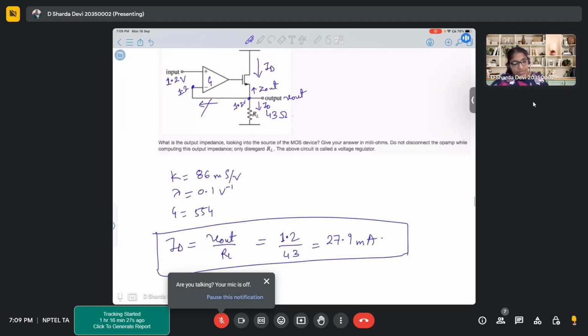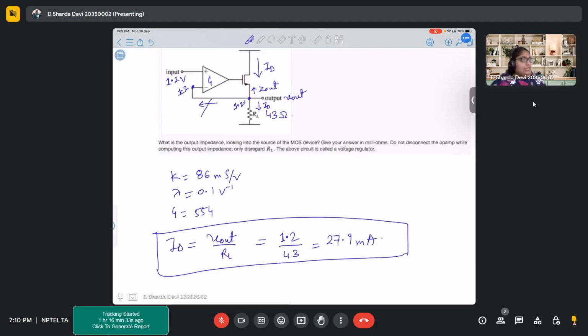Next, the question is, what is the resistance looking from the source side? We have to find the Z out from the source side. How do we find Z out from the source side? Drain, gate, source.